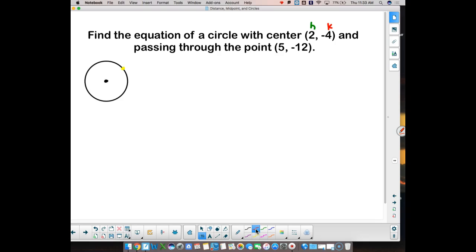So my radius is going to be the square root of 2 minus 5 quantity squared plus negative 4 minus negative 12 quantity squared. 2 minus 5 is negative 3, plus, what is that, 8?